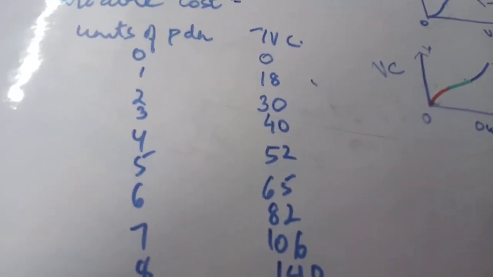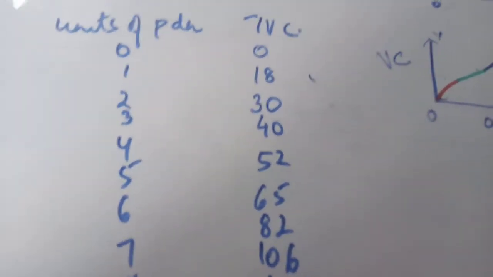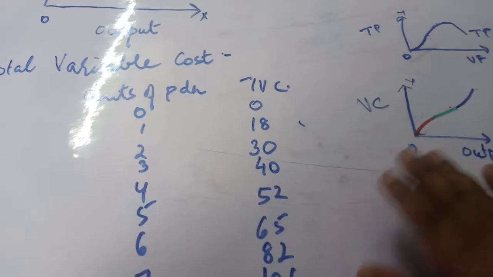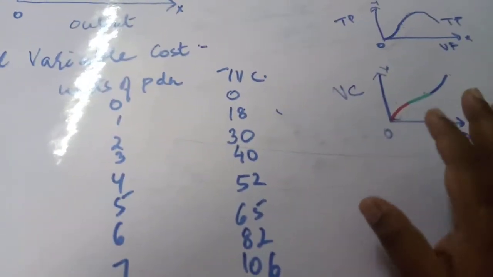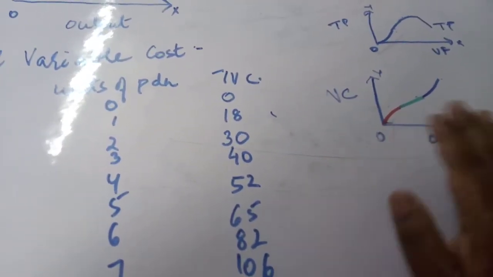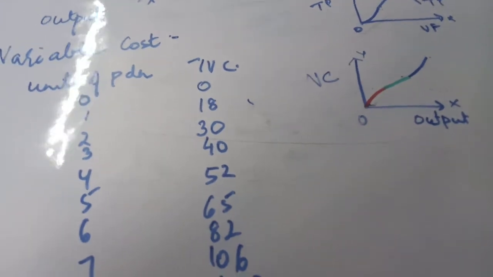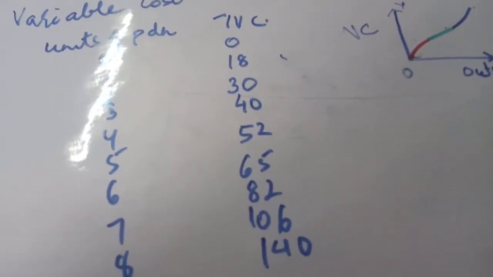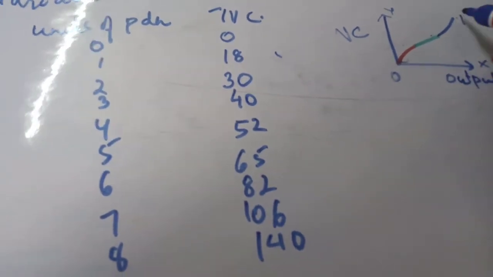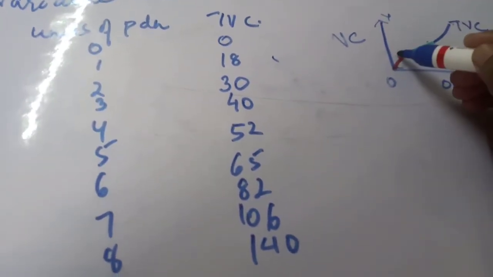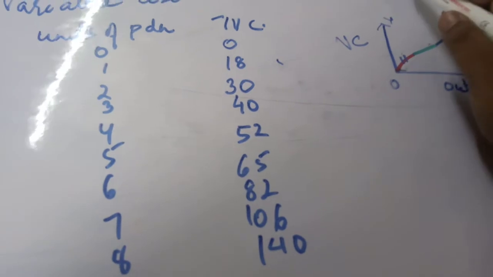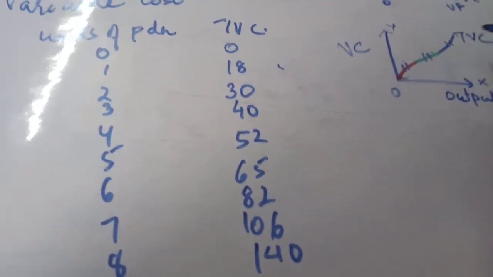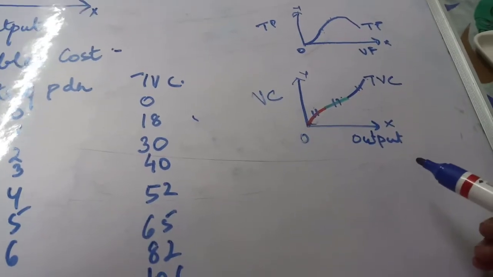Though we don't have to plot in the exam, we just have to make the diagram like this. But I would like you to, because you are not going to believe me blindly, see what is happening and check whether what I said was correct or not. So this is the shape of the TVC. The shape of TVC is that it first increases at diminishing rate at this stage, then it increases at constant rate, and then it increases at increasing rate.